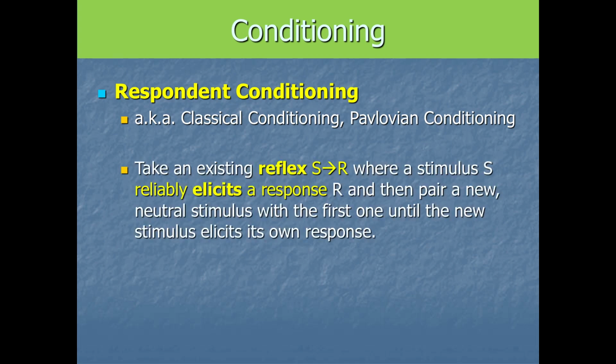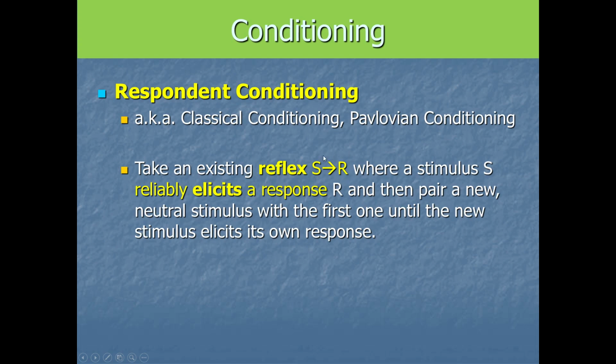Take some existing reflex, something you're born with as whatever species you are, where a stimulus, which we'll put as an S, reliably elicits or pulls out a response R. We could write that reflex as S arrow R, like you can see here.